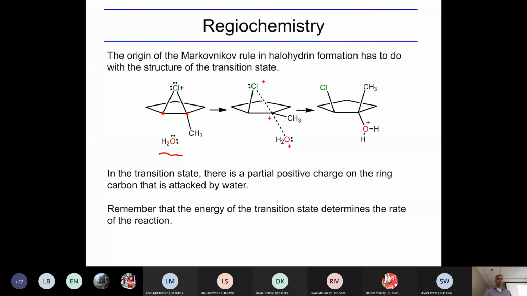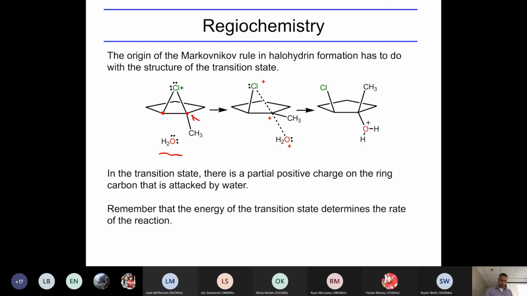That positive charge is not necessarily shared equally over those two carbons. In fact, there's more positive charge on the carbon that's more substituted. And the reason it wants to put more charge there is because it's more substituted. More alkyl groups can stabilize putting more charge there. So the water wants to attack the carbon with more charge.